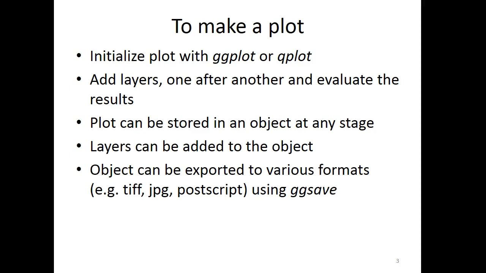In ggplot2 you can also store the plot itself in an object at any stage, and this object can then be recalled, producing or reproducing the plot. You may also use the object to add layers to it. So you can start with a sort of half-cooked plot and add new layers to that object.